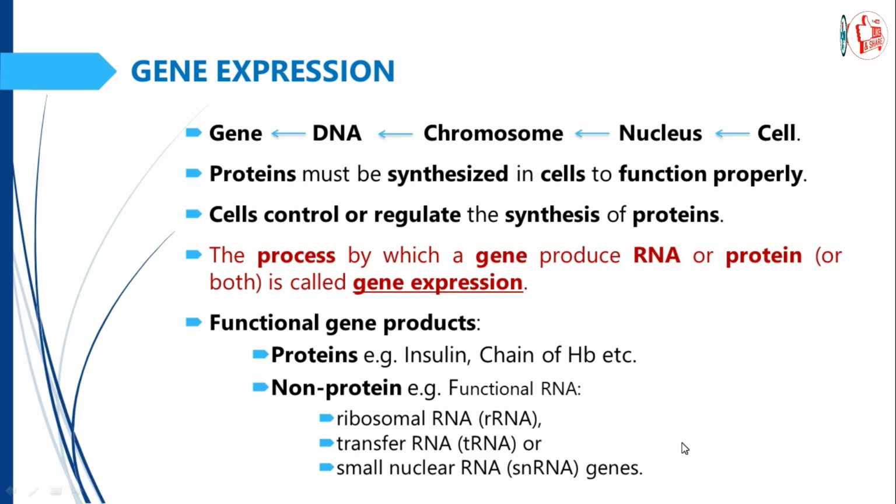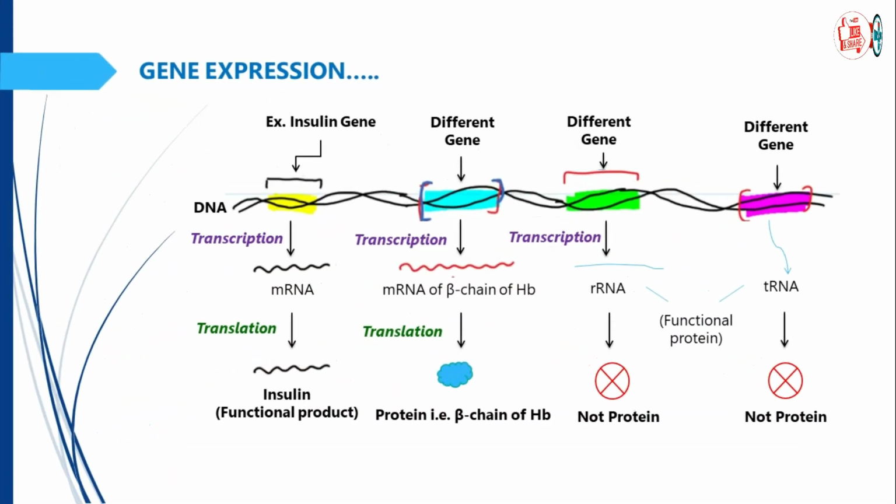So, what is gene expression? Now we try to understand with the help of an example. For example, the insulin gene produces or expresses a functional gene protein named insulin when the level of glucose is higher, by the process of transcription and translation. So, a functional gene product is not always protein.